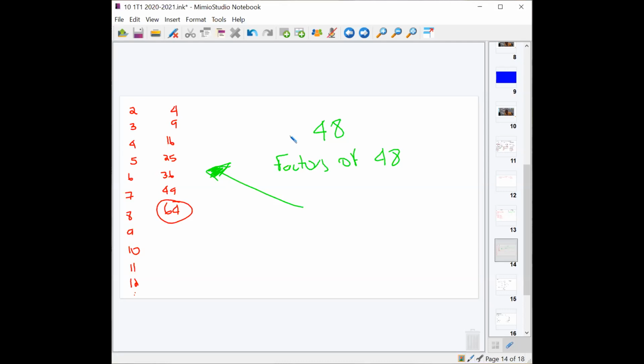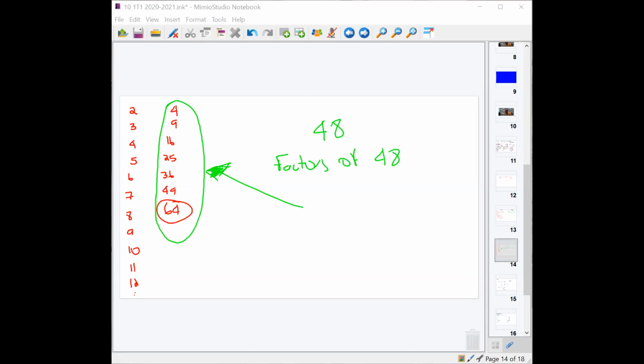What numbers from this list, when you multiply them together, will give you 48? I don't know, teacher.